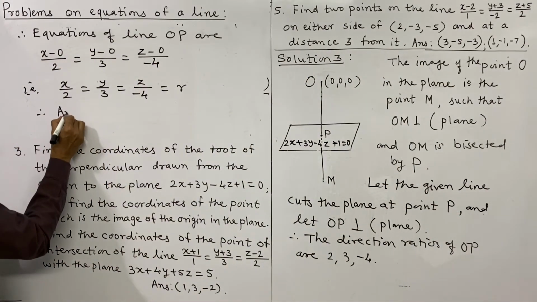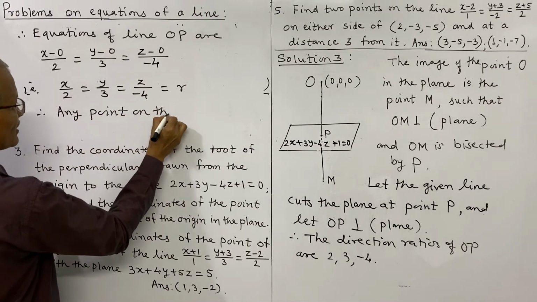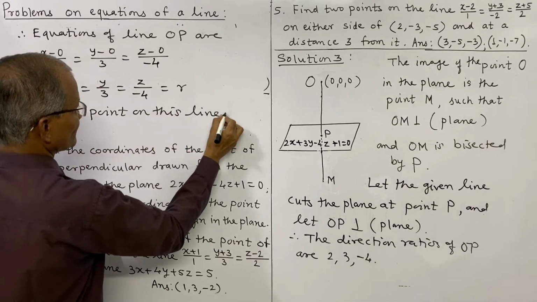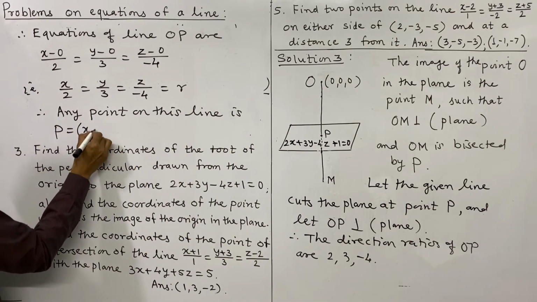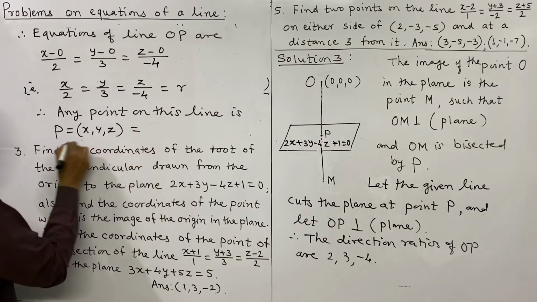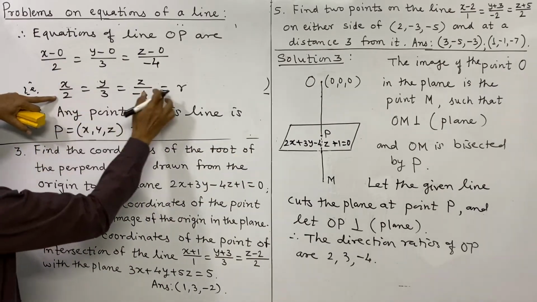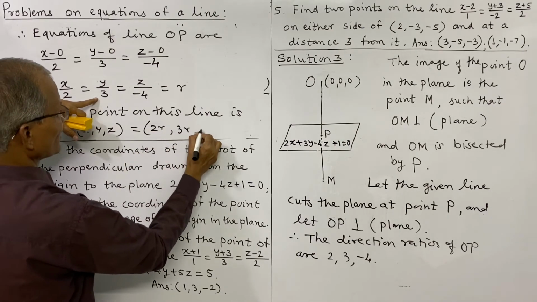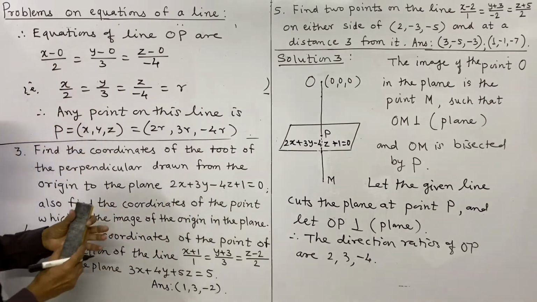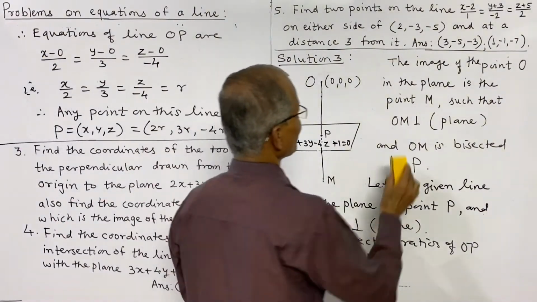Any point on this line is P, which is x, y, z, where x is 2r, y is 3r, and z is minus 4r. And if this point P lies on this plane, then it must satisfy the equation of the plane.